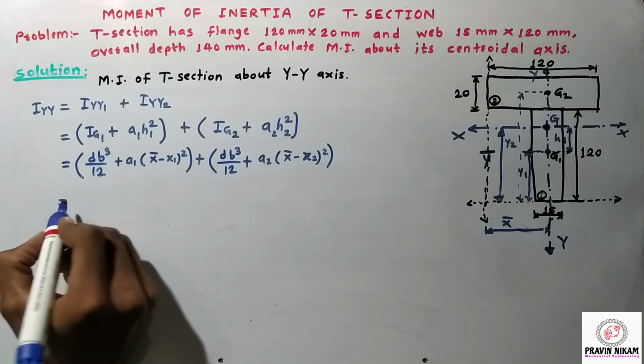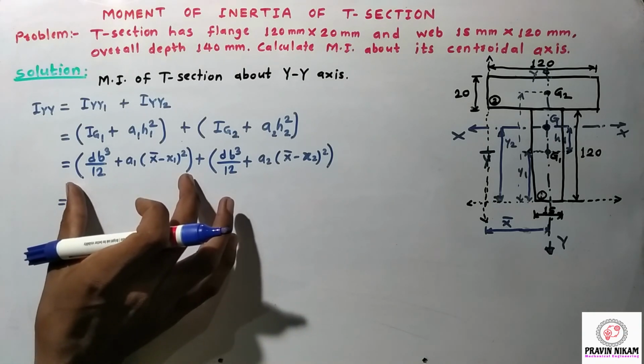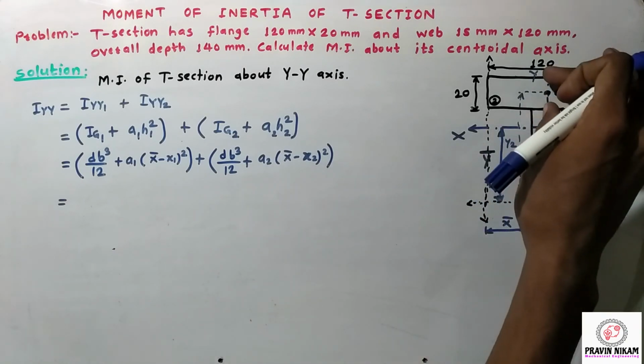So that is equal to, now for section 1, for this bracket use the values of section 1, for this bracket use the values of section 2.